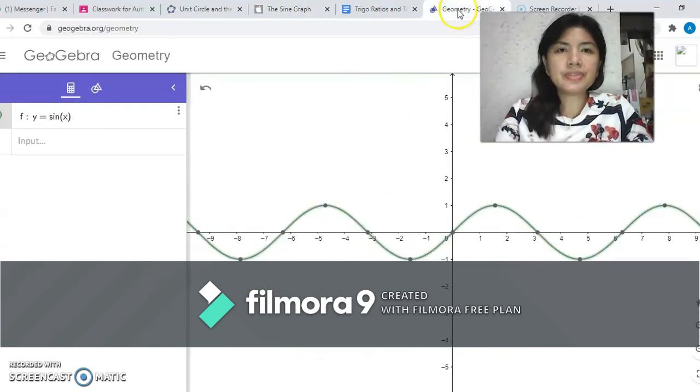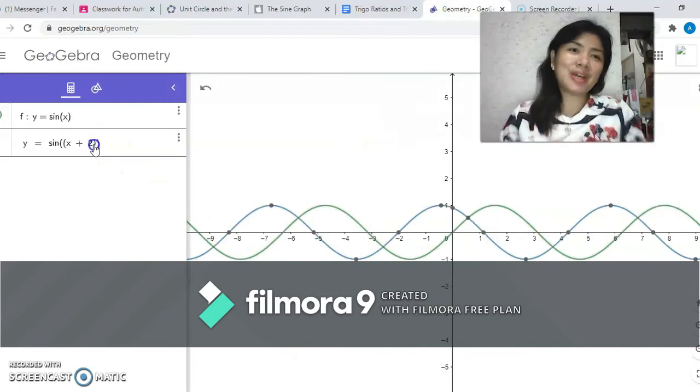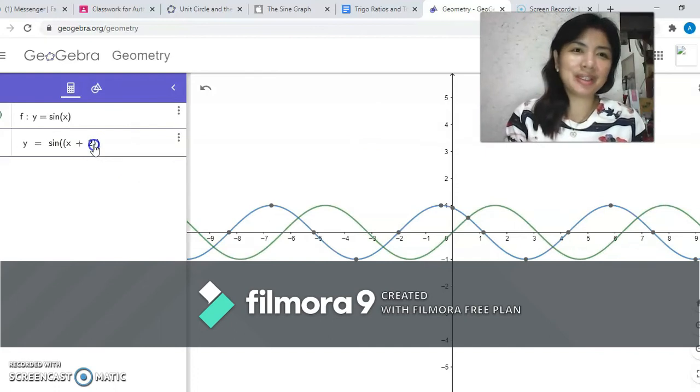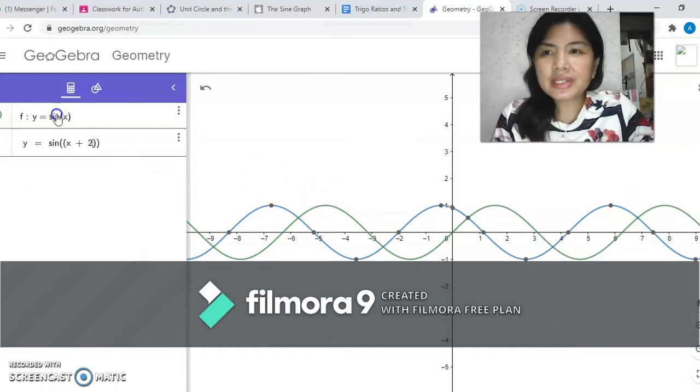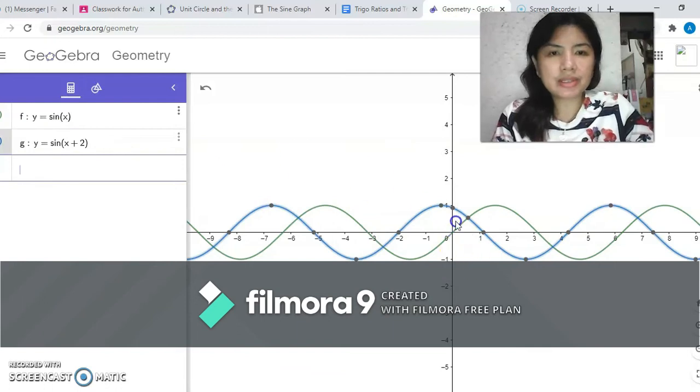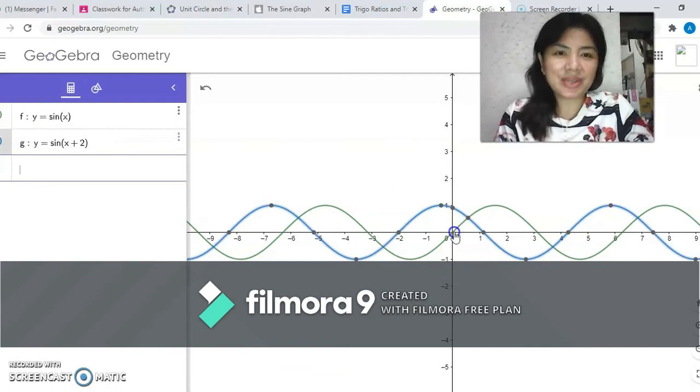Let's observe that the starting point of the period shifted 2 units to the left. The green one is with C equal to 0.